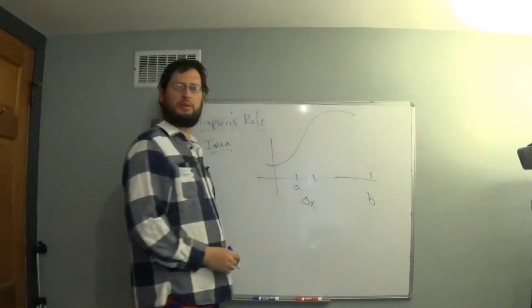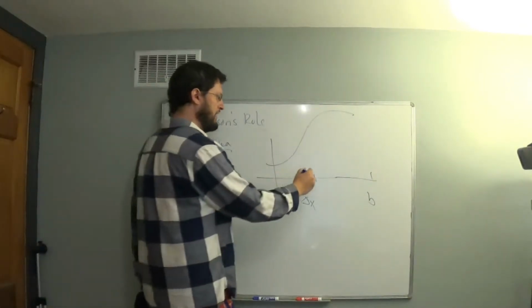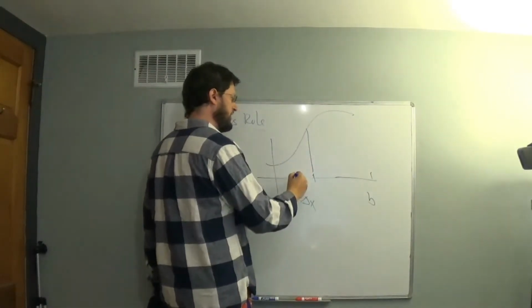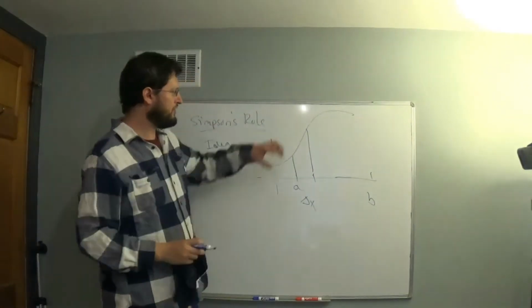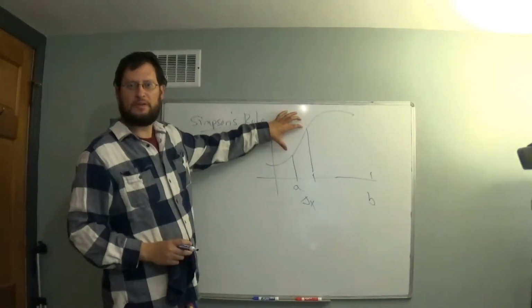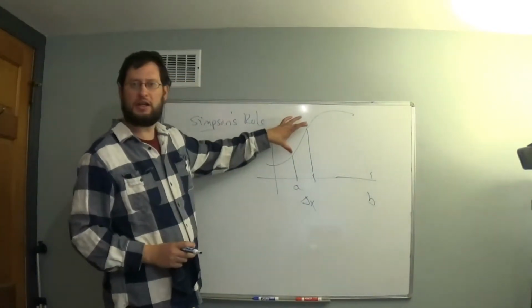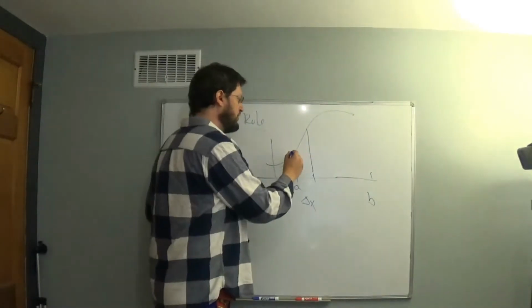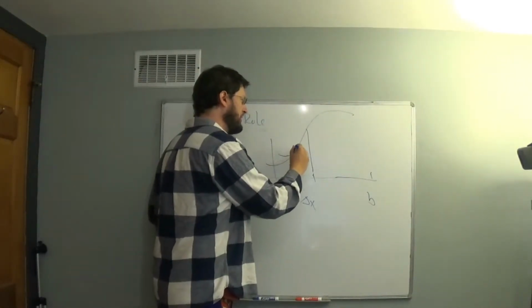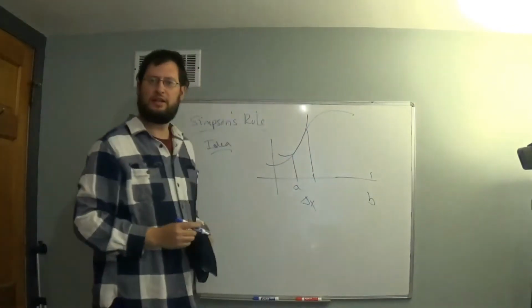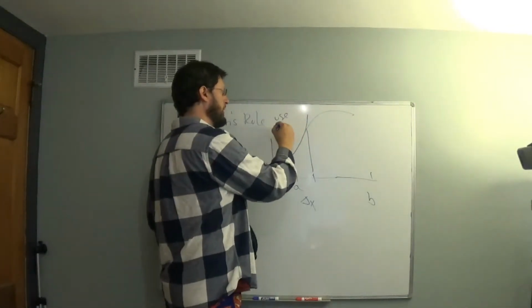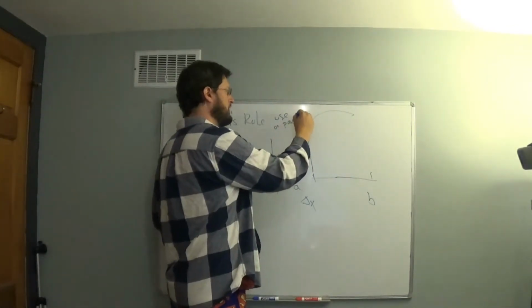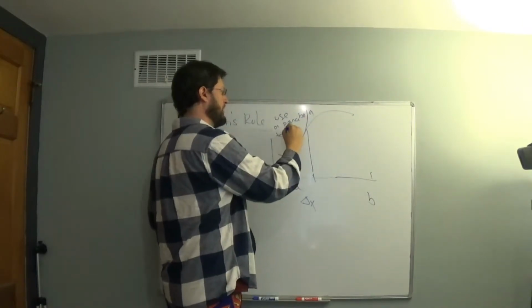Now we've made some subdivisions, as always, for delta x, and we're going to look at this region, and we're going to say, well, it's not a straight line. So for the trapezoid rule, we approximated it by a straight line. What we're actually going to do is now instead approximate it by a parabola. So we'll use a parabola to approximate.